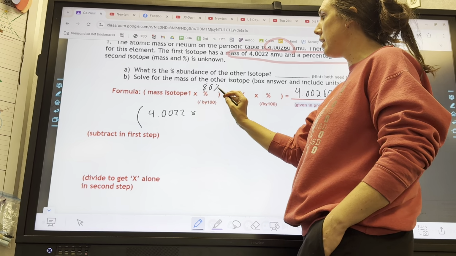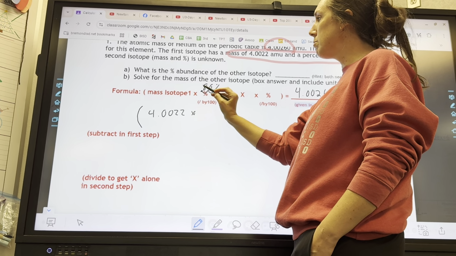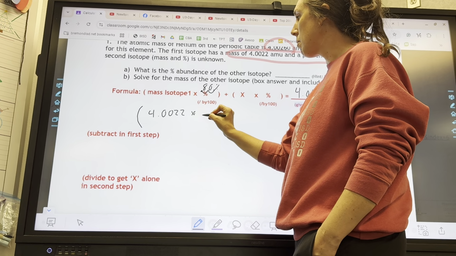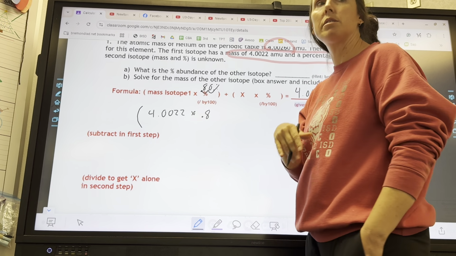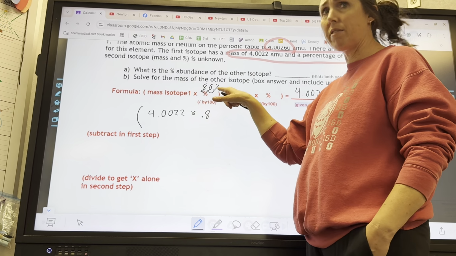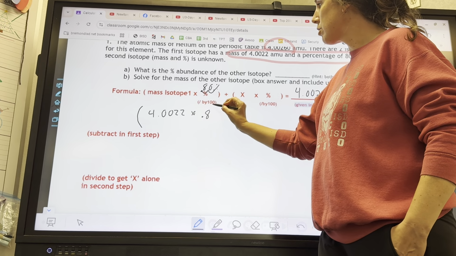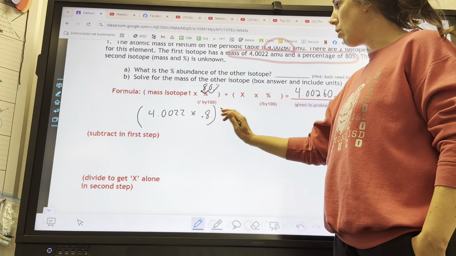How do I divide 80 by 100? Move it up 2. So it becomes just 0.8. Remember, 0.8 is the same as saying 0.80. This one does have an extra significant digit, but we're not doing those right now. Okay, so that's our first parenthesis. So that is isotope 1.